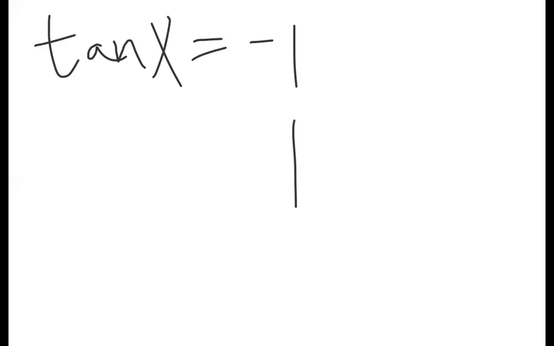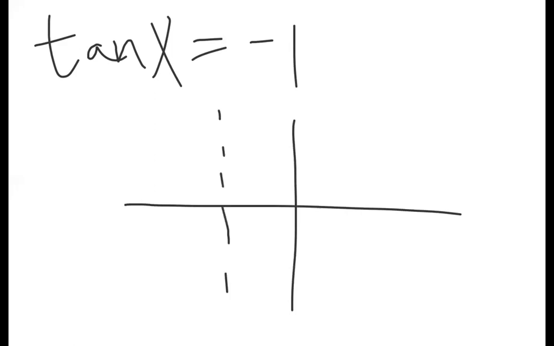For tangent, we are interested in the region between minus pi over 2 and pi over 2, because the graph looks like this.